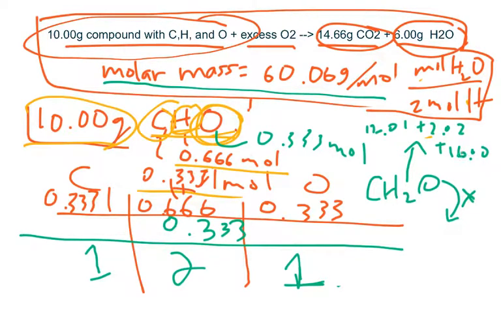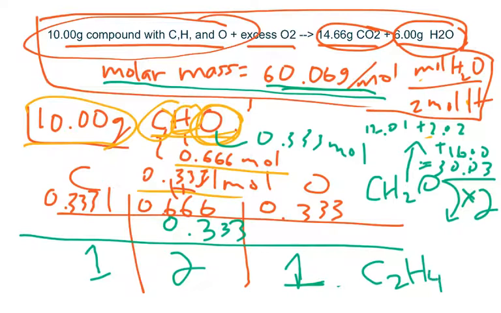If you type that into a calculator, that's actually equal to 30.03. And since our molar mass is 60.06, don't you think this is twice as much as this? So we just have to multiply this empirical formula by 2 in order to match the molar mass. So it's C2H4O2. That is our molecular formula for our answer.